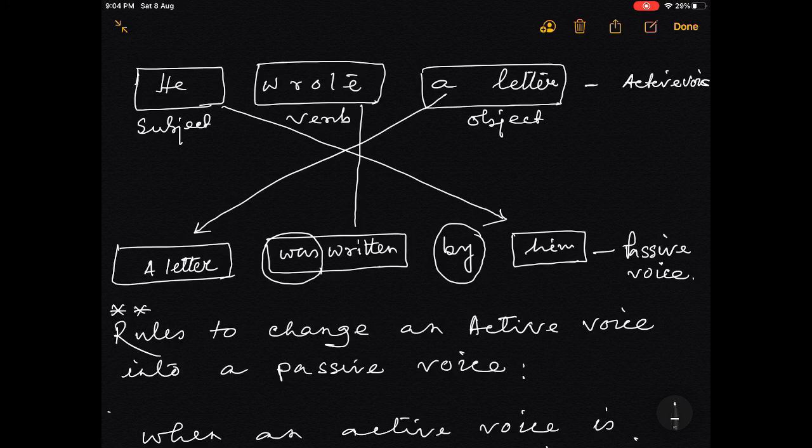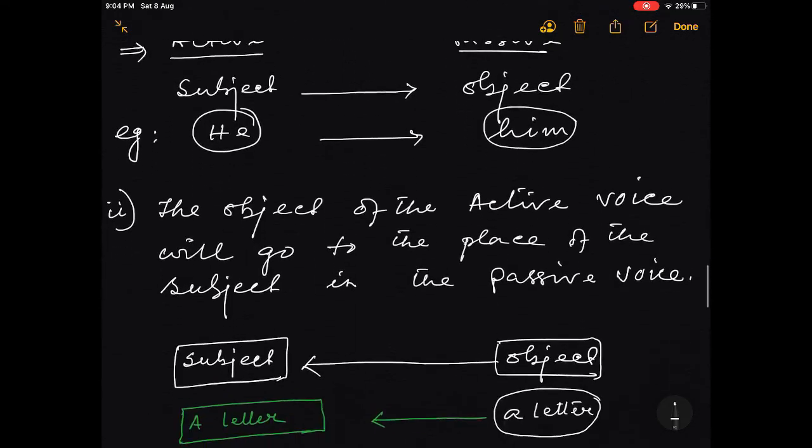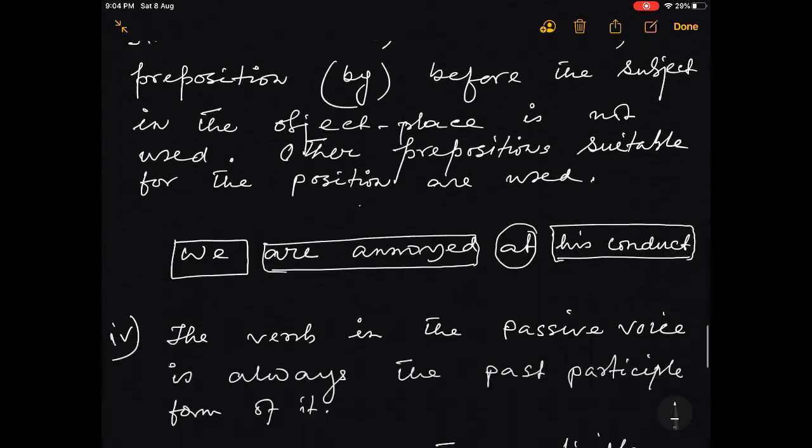Which auxiliary verb will be used here will be controlled by the item in the place of the subject. And it has a general rule also. I will show you how to choose the auxiliary verb.